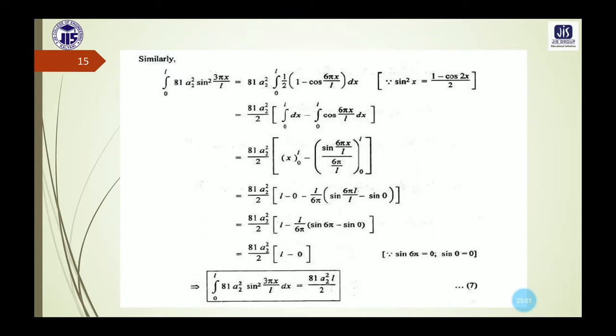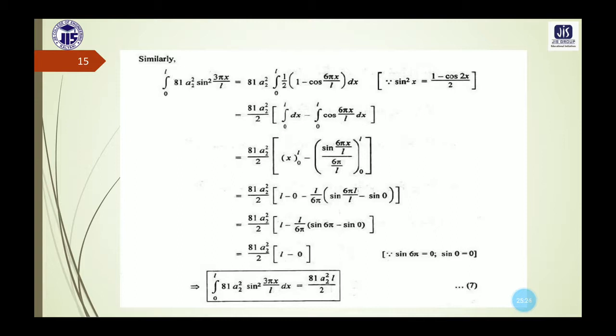Next, we need to find the integration of 0 to L, that is 81 a2 square sine square 3 pi x by L. Now here also if we do the integration, then using the similar procedure we can find it.